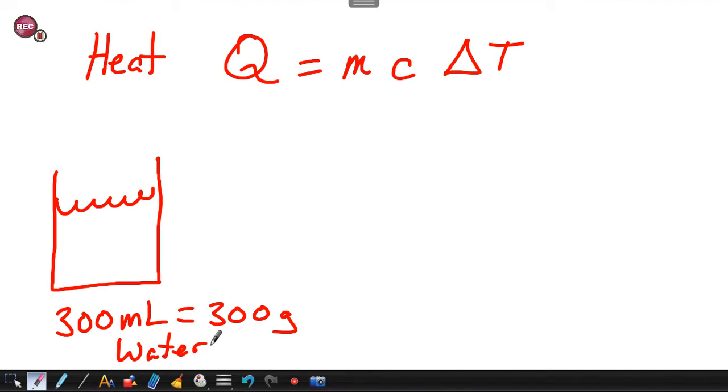All right. So yeah, 1 kilogram per liter, and then there's 1,000 liters in a cubic meter.